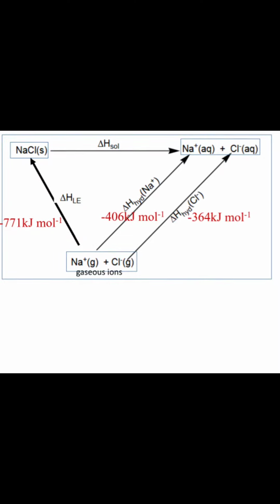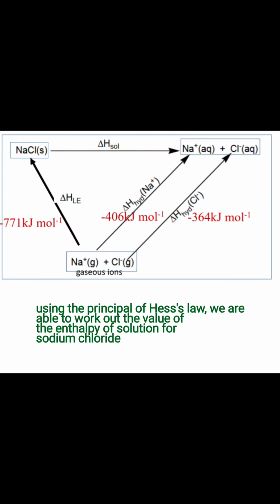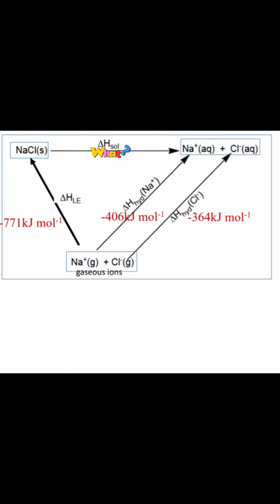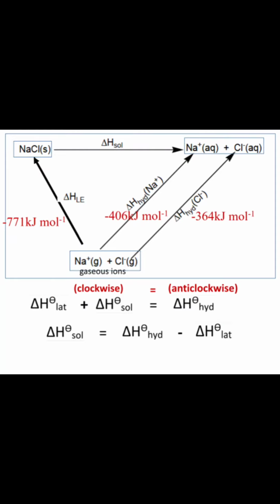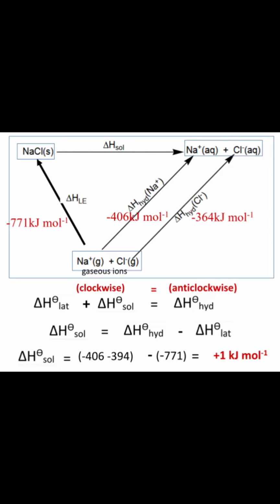So, by using this enthalpy cycle, we can calculate the enthalpy change of solution by following the arrows of the cycle, which is clockwise equal to anticlockwise. Then we rearrange the equations. Lastly, the enthalpy change of solution is equal to +1 kJ per mole.